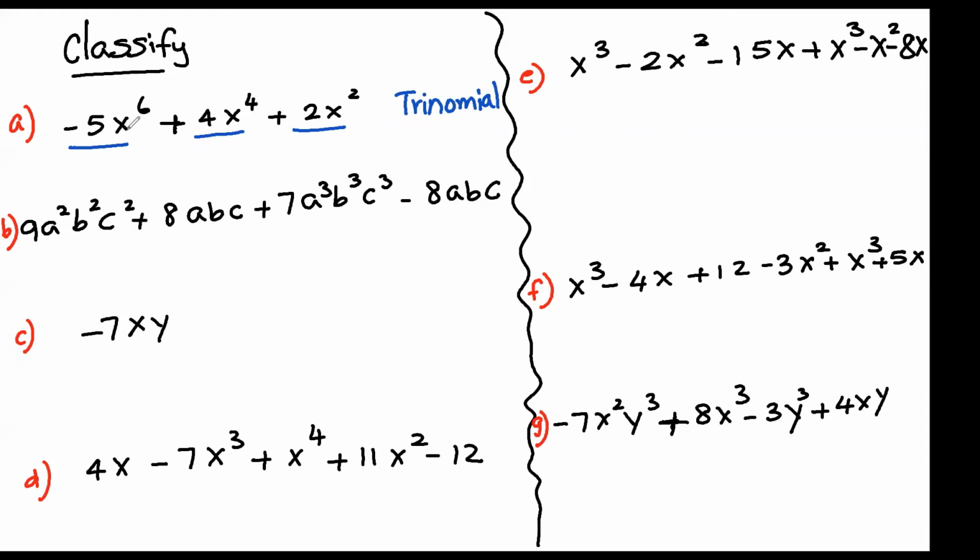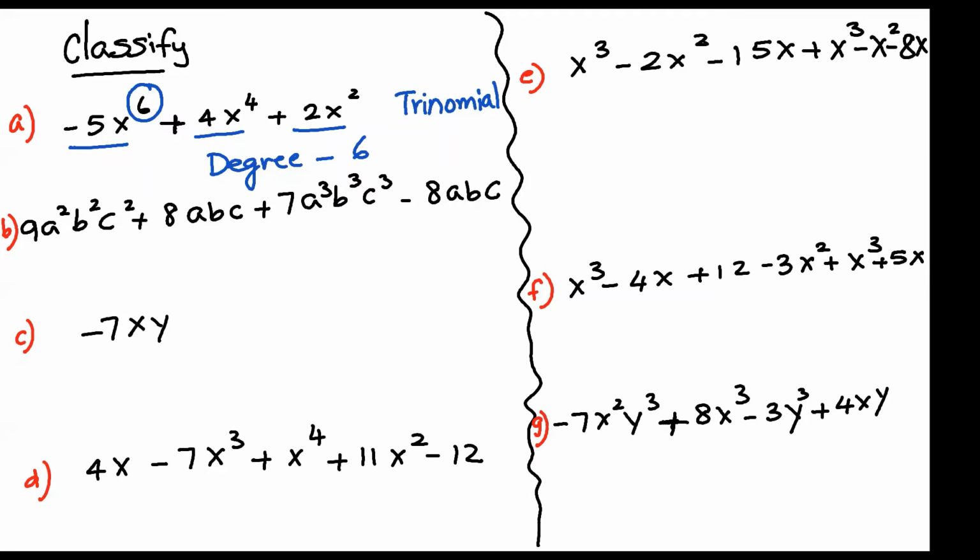So here in the first term, you have x to the 6th, second, x to the 4th, third, x to the 2nd. That means the degree of this polynomial is 6. So the degree is 6. This is a 6th degree polynomial.